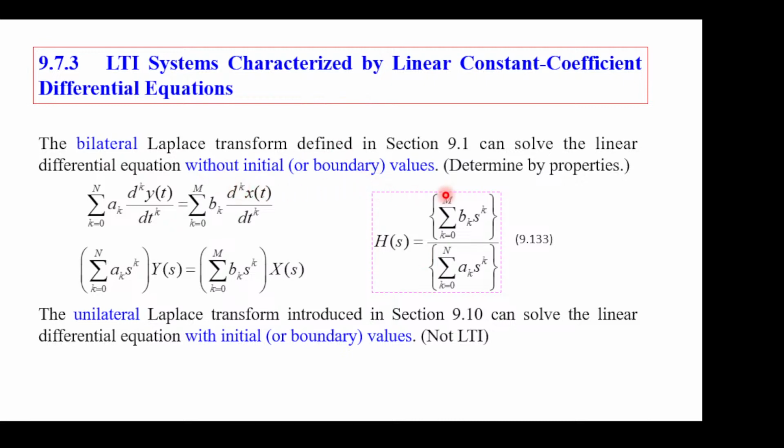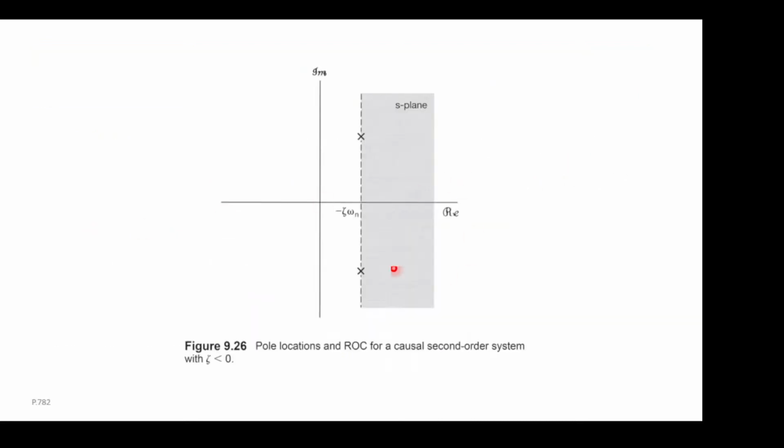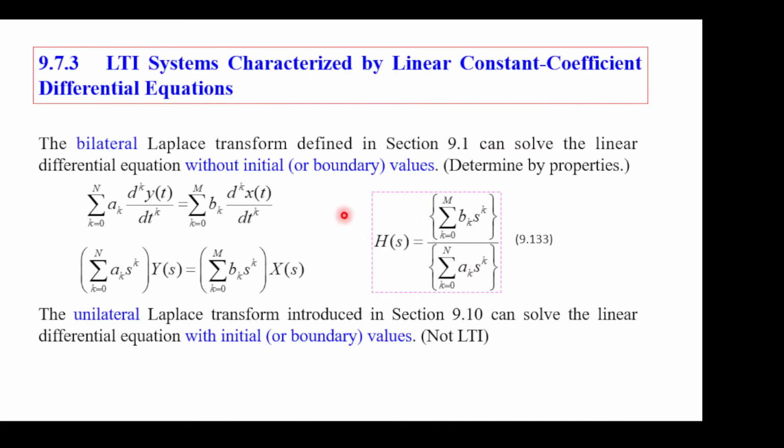Most of the time we'll do this for initial rest condition. And remember, initial rest condition will give you causality, and then you kind of see why we talk about all the causality here, because you can pick the ROC for this thing.